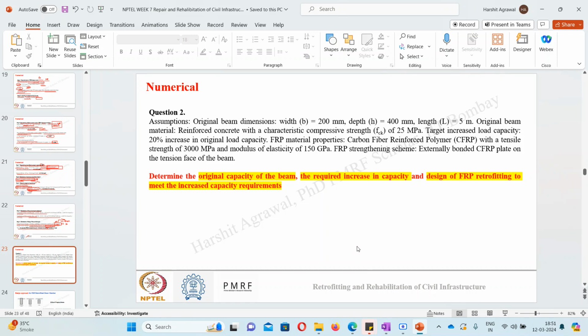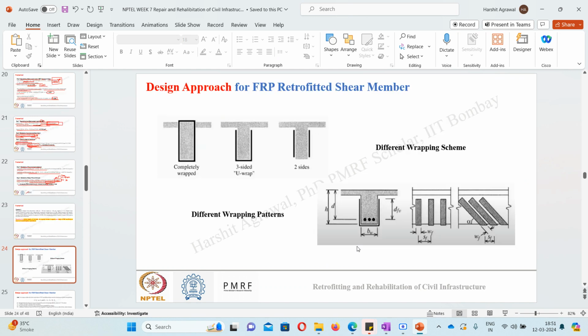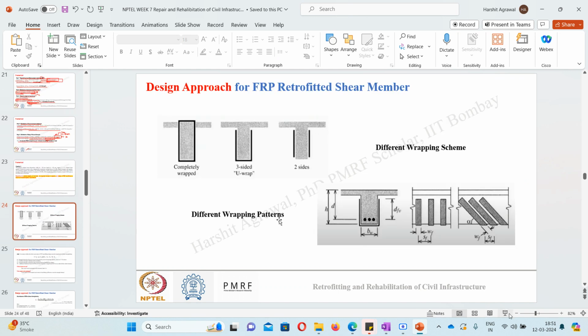I hope this part of flexural strengthening design for FRP is clear to everyone. If yes, we will move ahead now to the next design, that is for shear members.